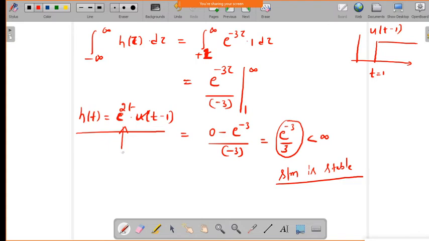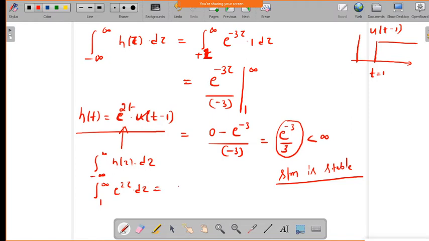So anyhow it is not memoryless, and it is a causal system because for t less than 0 it is giving 0. So that is why the system is causal, and h of t is not equal to 0 for t not equal to 0. So the system is not memoryless, and if you find the value for stability, it is the integral from minus infinity to plus infinity of h of tau d tau, which varies from 1 to infinity, of e power 2 tau d tau.